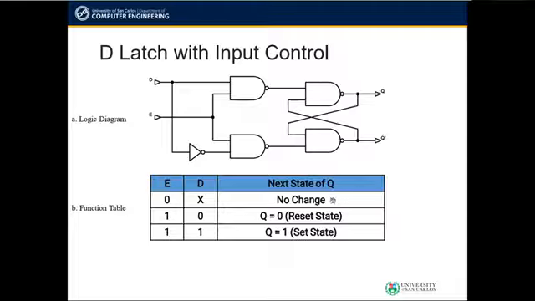The behavior will simply perform a no change operation since the circuit is disabled. However, when E is 1, the circuit is now enabled. As seen here, the circuit will perform the natural behavior of a D latch as discussed previously, and it can be seen on this part of the function table.